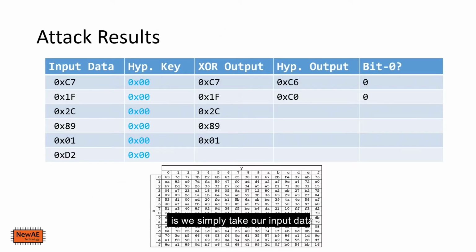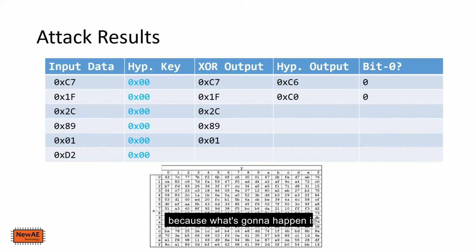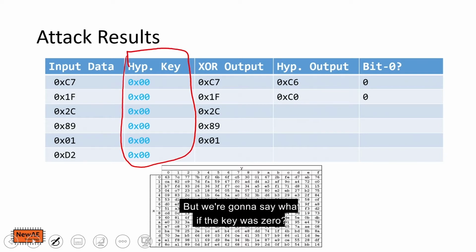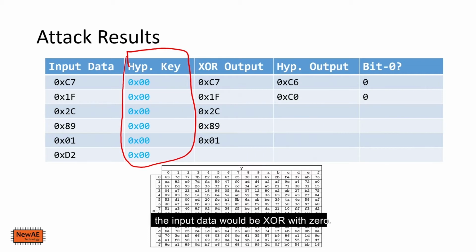And how we actually do the attack is we simply take our input data and we're going to end up splitting it into two groups. It's pretty straightforward to do this, because we'll take our input data and guess what the key is. We have no idea what the key is, but we're going to say, what if the key was 0? Well, if the key was 0, the input data would be XORed with 0.